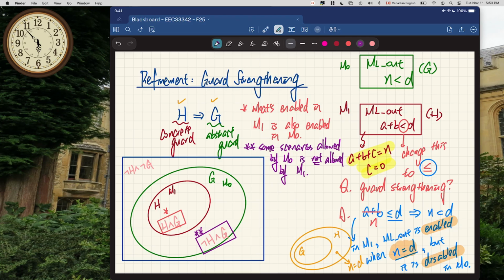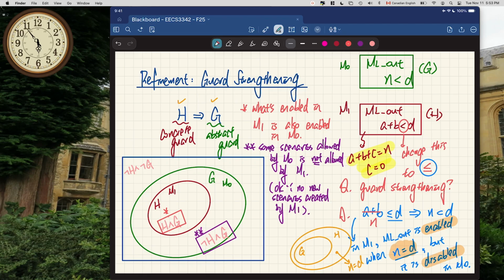And this is completely okay because we're just saying what used to be okay for abstract, we just don't allow it anymore in the concrete. So we are not really changing the behavior. We're not adding any new scenarios where it can just happen in the concrete. Okay? Still okay because no new scenario created by M1.